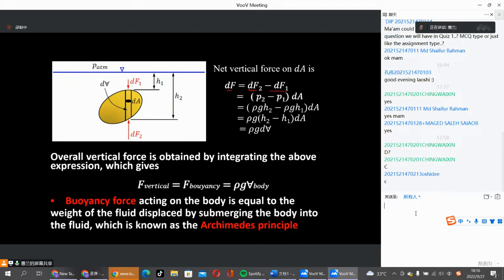And dF2, the element force by the lower fluid, will equal P2 times the area, right? And dF1, the force by the upper fluid, will equal P1 dA, right? And then the resultant force on this differential element will equal P2 minus P1 times the elemental area.